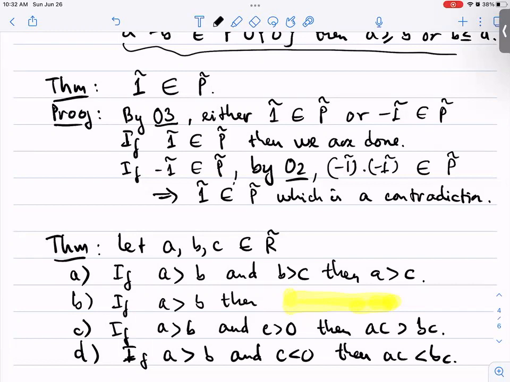But the product of minus 1 with itself is exactly equal to 1, which is a contradiction, because only 1 or minus 1 belongs to the set of positive numbers. Here, both minus 1 and 1 belong to this set. That's why it is a contradiction, and this case doesn't happen. So we're done with our proof.